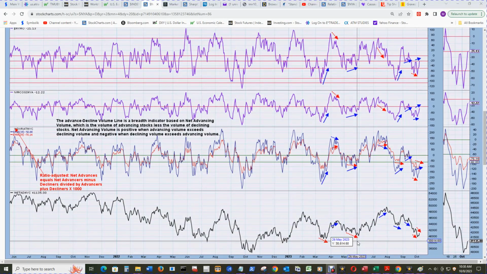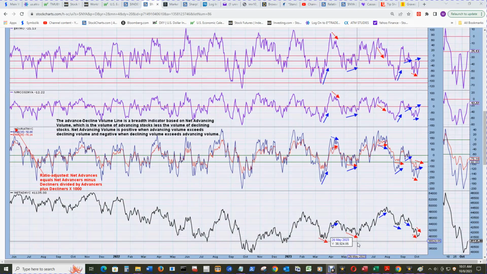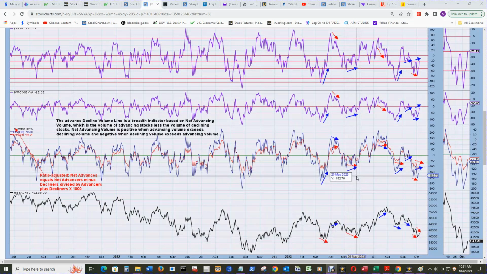And again, starting in the bottom window, stocks only AD line is pointed down, dashed red there. And then the breadth and volume oscillators started pointing up again, note the 39 EMA in dashed red here for the stocks only ratio adjusted volume oscillator.